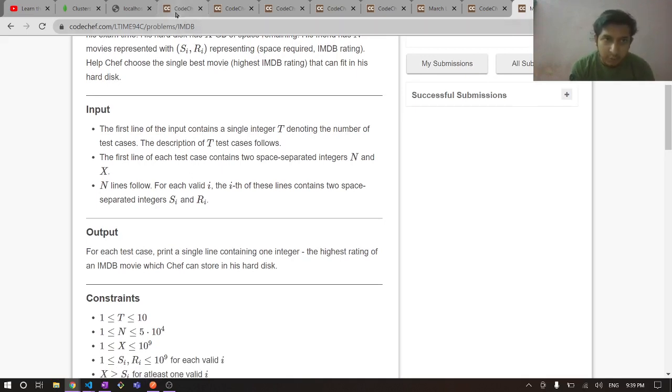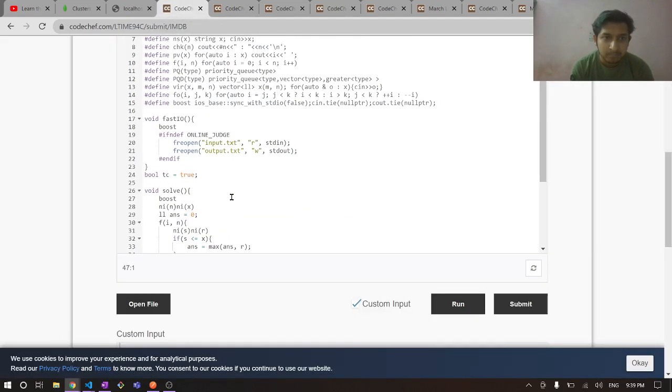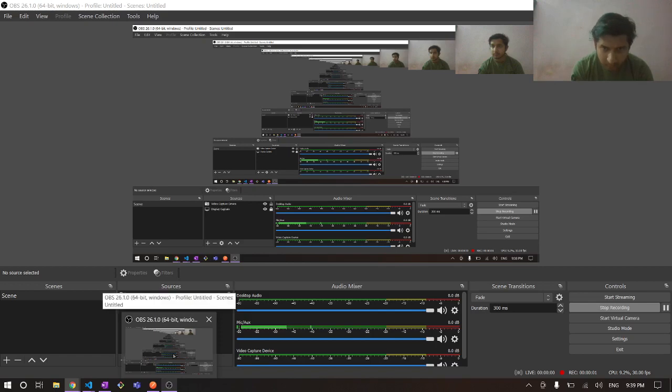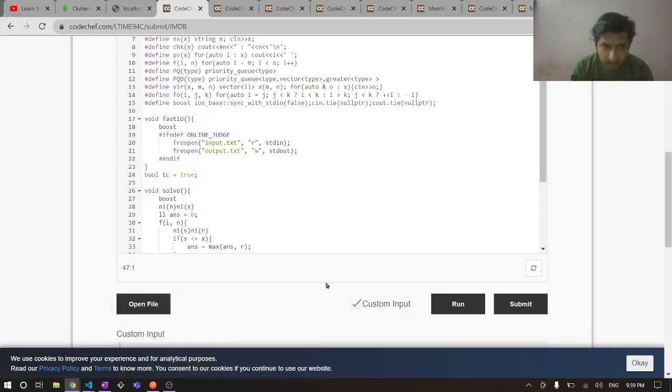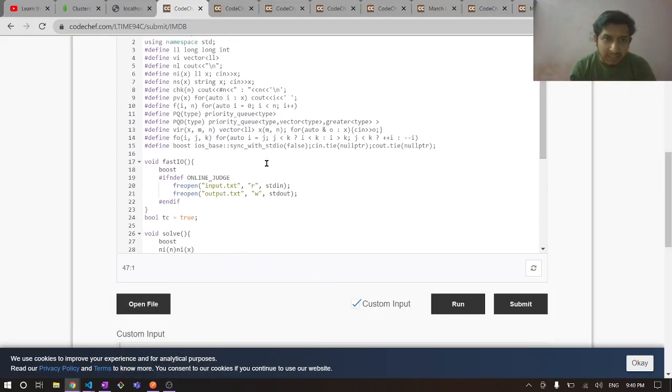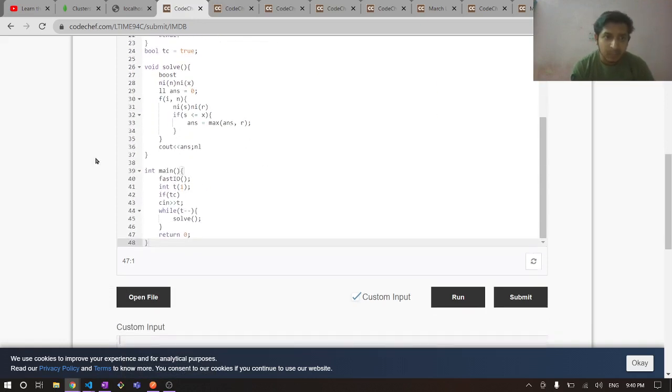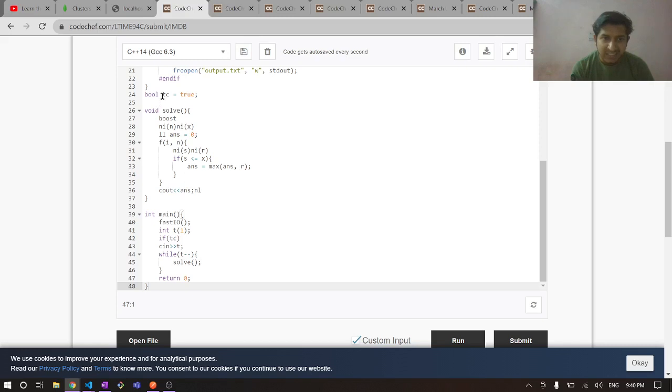So let me share the solution now. I hope it's visible. Basically, I simply put test cases to true. Now I will read N and X, the number of movies Chef's friend has, and X the storage in the drive of Chef.